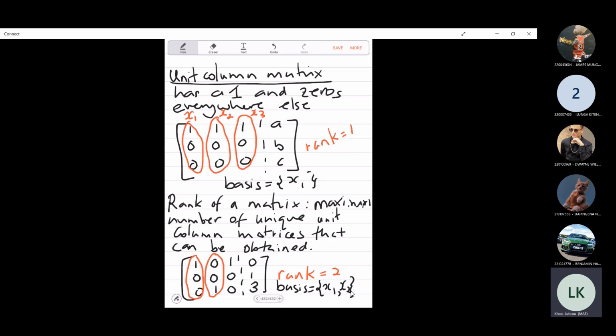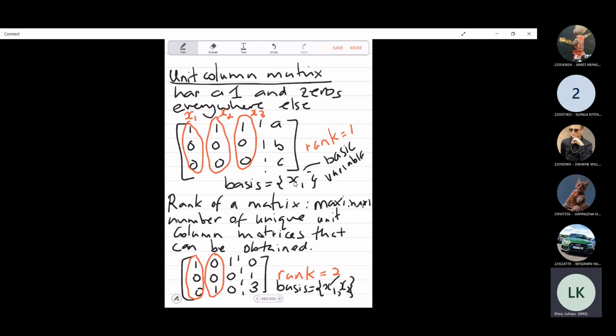Then we have what is called the basic variables. The variables that you put inside the basis, those ones we call the basic variables. So here x1 is a basic variable.